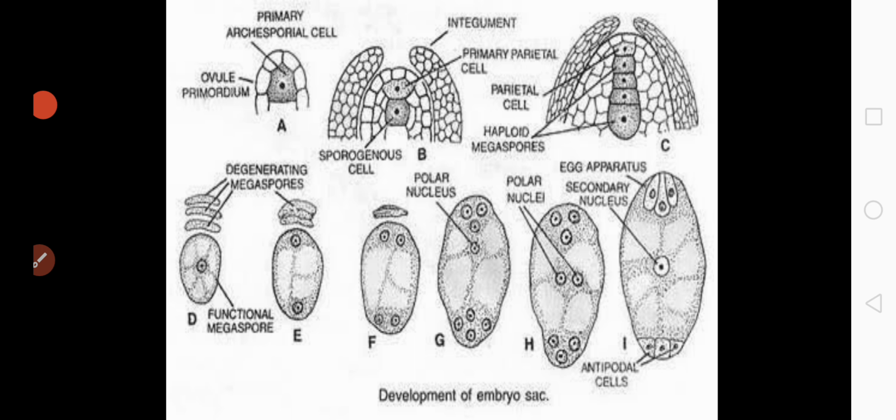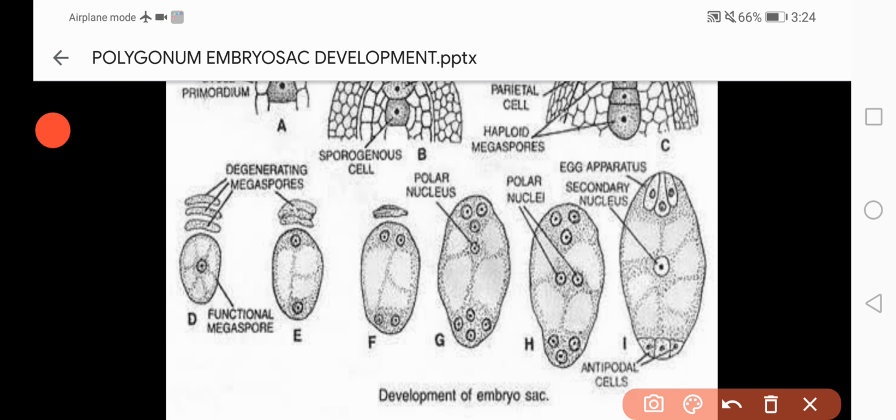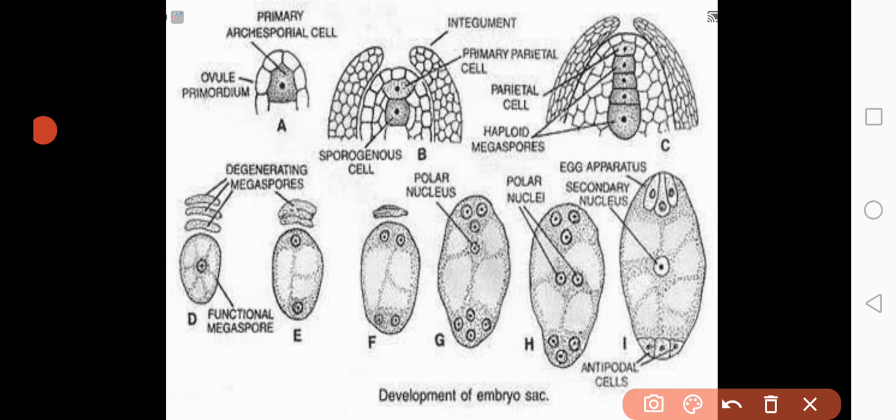Am I clear? Okay. So here you can observe the development. This is the archisporial cell which is formed from the nucellus. Later on, this archisporial cell divides to form the primary parietal cell and the primary sporogenous cell.